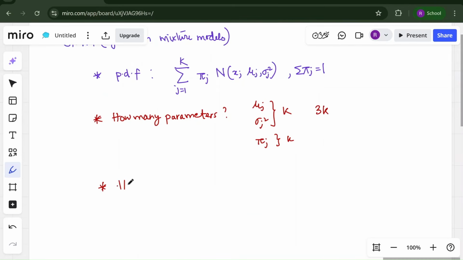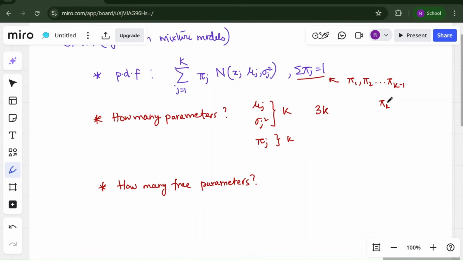But how many free parameters do we have? What do you mean by free parameters? Observe carefully that the summation of pi j is equal to 1. What does it mean? It means if I tell you what is pi 1, pi 2, and up to pi k minus 1, can I tell you what is pi k?